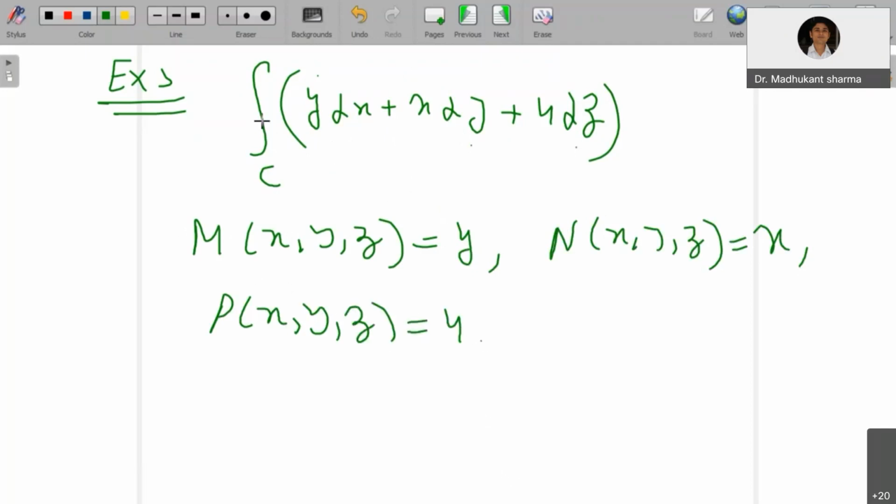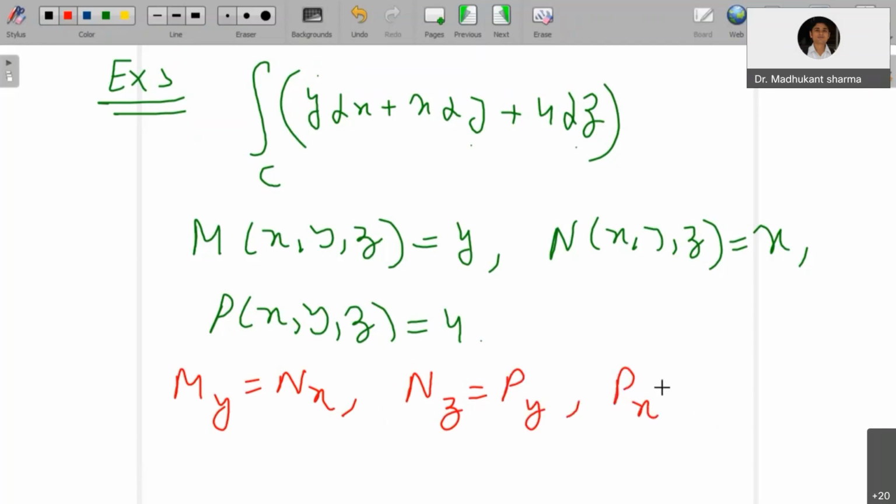Now to look at whether this differential is exact or not, you have to satisfy the following three conditions. First condition is My equals Nx. Second condition is Nz equals Py. And third condition is Px equals Mz. Now, I hope you are comfortable in differentiating partially.